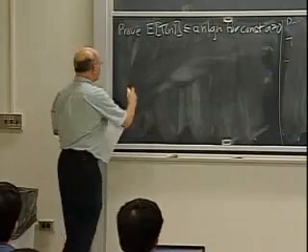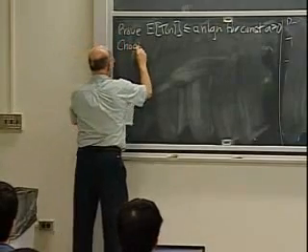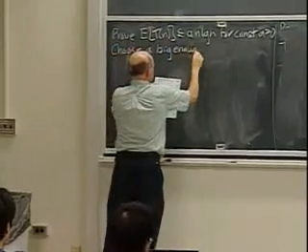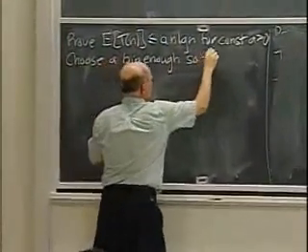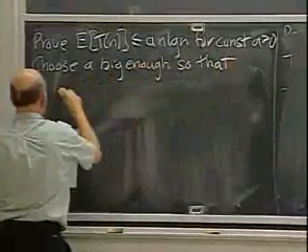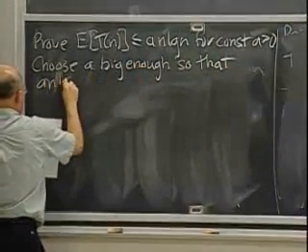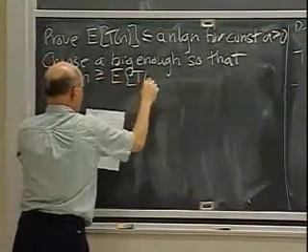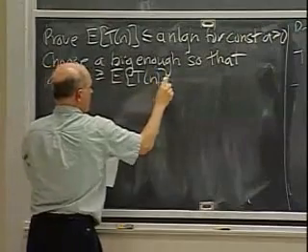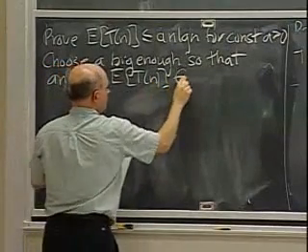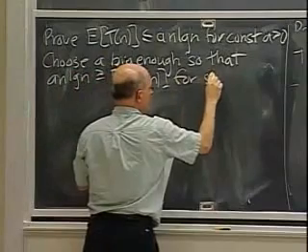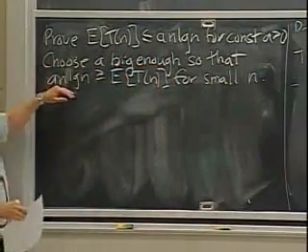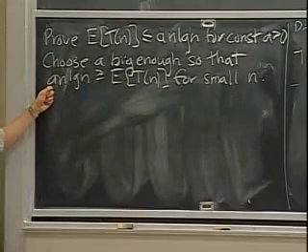So what we'll do is solve the base case by simply choosing a big enough so that a n log n is bigger than the expectation of T of n, for sufficiently small n. So I just pick a to be big enough.